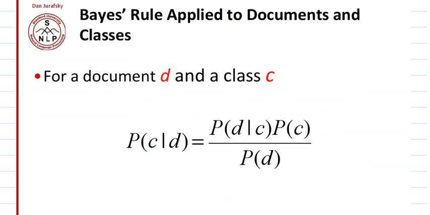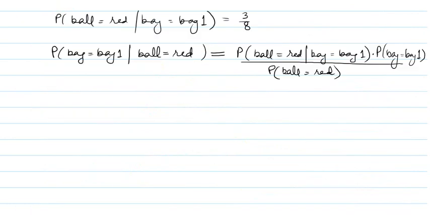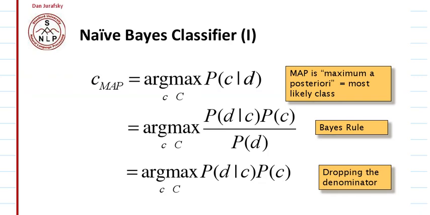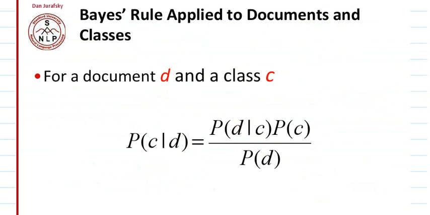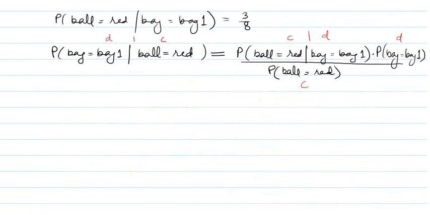So this is P of C given D is equal to P of D given C multiplied by P of C, divided by P of D. Okay, so this is the reverse one here.